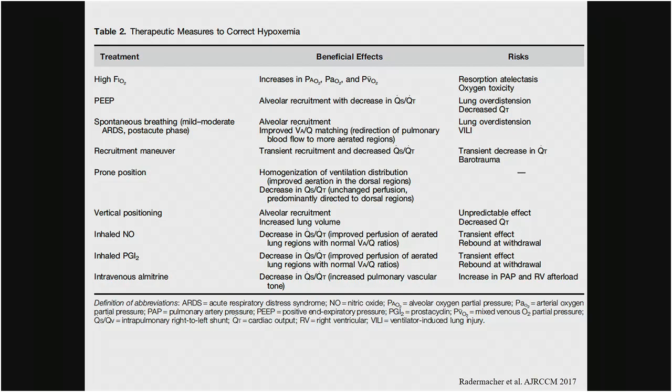Do a recruitment maneuver, put the patient in a prone position, okay? Or use an inhaled vasodilator to optimize the perfusion of the vessels of the areas of the lung that are ventilated. And we'll go through some of these issues while we're explaining some clinical cases. Next.